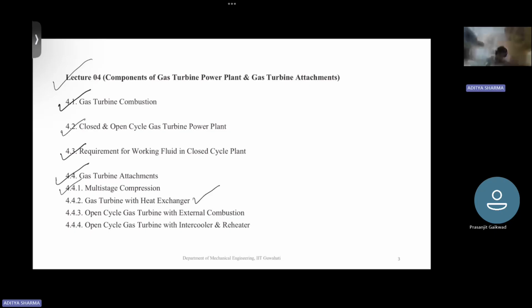Then is your open cycle gas turbine with external combustion. Then open cycle gas turbine with intercooler and preheater. In multi-stage compression, basically you have in the same engine a low pressure compressor and then a high pressure compressor.